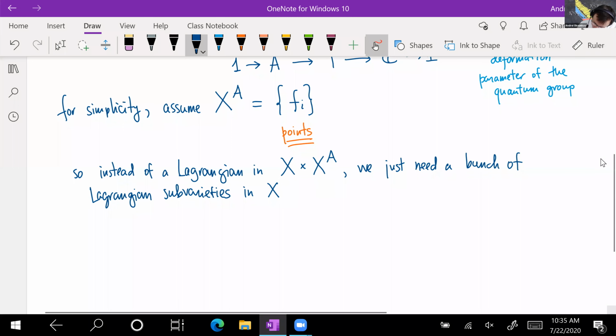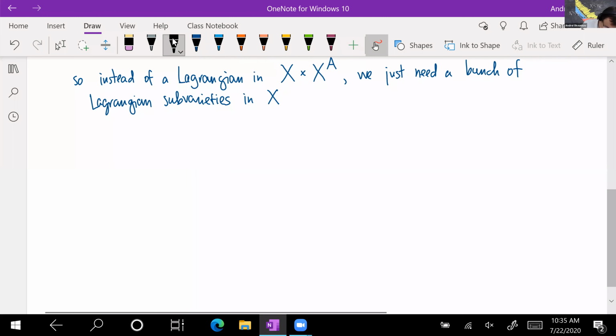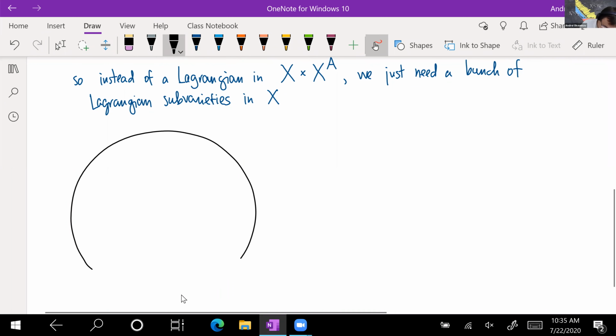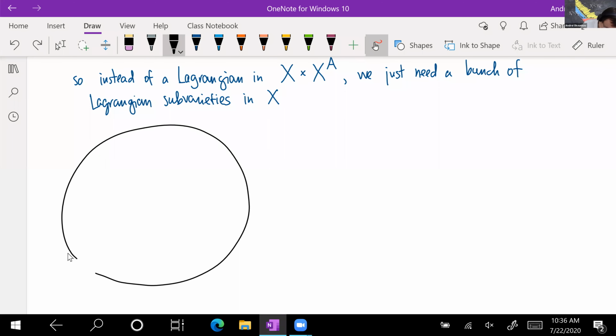So maybe to have a picture in front of us, this is X. Then there are different fixed points, so maybe there's a fixed point F1, and there's an attracting manifold of F1. Some of these trajectories hit a different point, F2, and so there's an attracting manifold of F2.